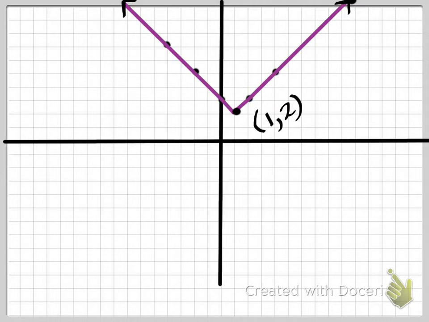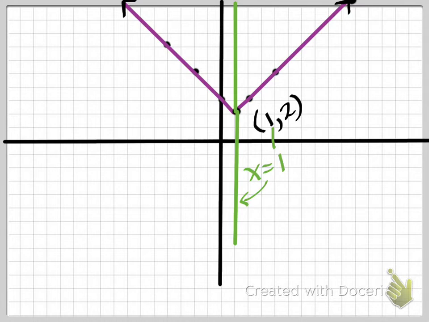My line of symmetry is here, and the equation of that line is x equals this x value. So x equals 1 is that line of symmetry. That is the line in which I could fold it across.